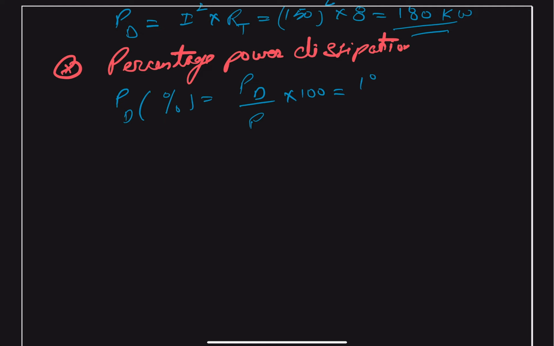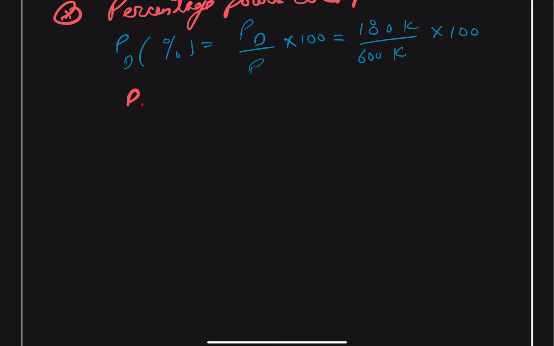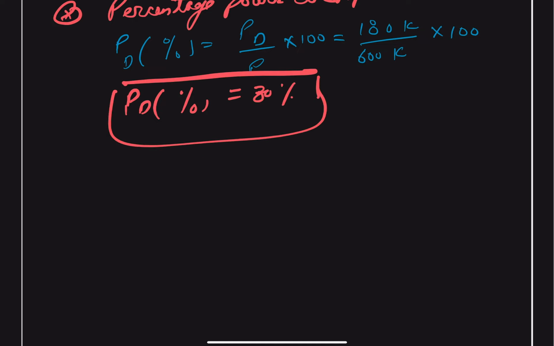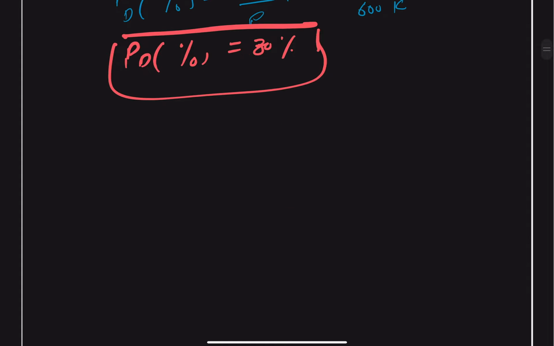We have this as 180 kilowatt, and this is our 600 kilowatt, multiplied by 100, and the power dissipation in percentage will come equal to 30%. So option B is the correct option for the first part.